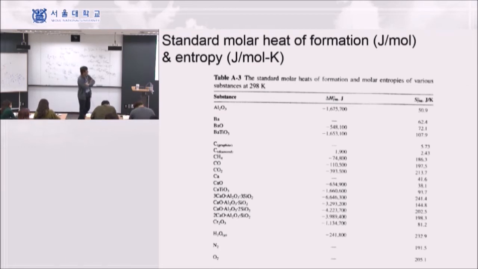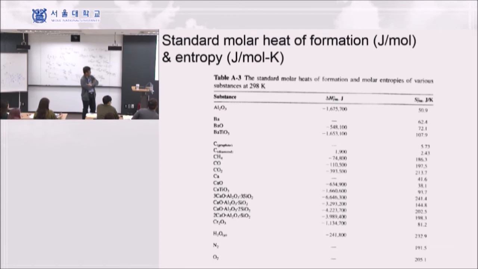Okay, look at Al2O3, the very first one. Delta H naught at 298 Kelvin, joule per mole, equals 1,675,700, so it's 1675 kilojoule per mole, more or less.